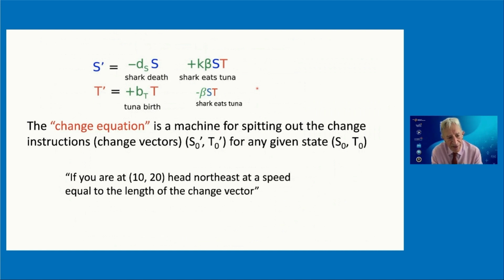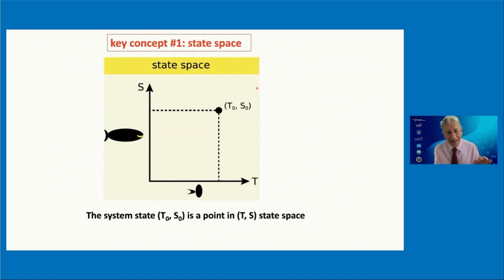So in order to make this rigorous and as a very powerful teaching tool, we need 3 20th century concepts, not symbol manipulation and formula manipulation. The first key concept we need is the concept of state space. In this case, it's a 2-variable system, so we have a 2-dimensional state space.